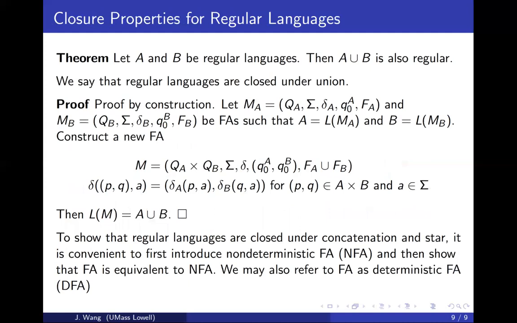Then we can look at the following properties. We let A and B be regular, then A union B is also regular. Now we are going to prove it by constructing a new finite automaton.